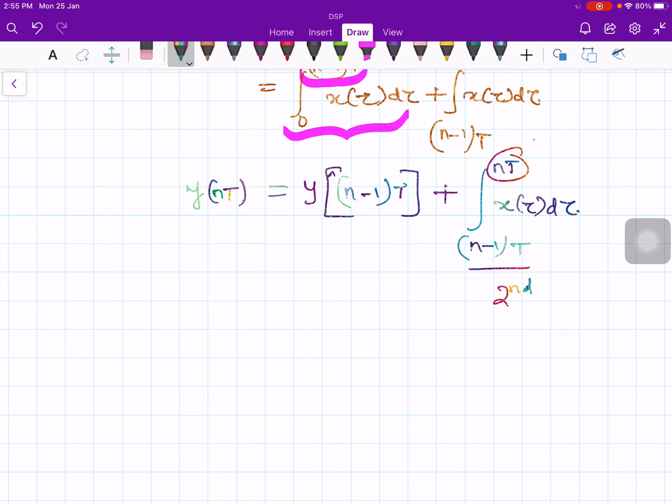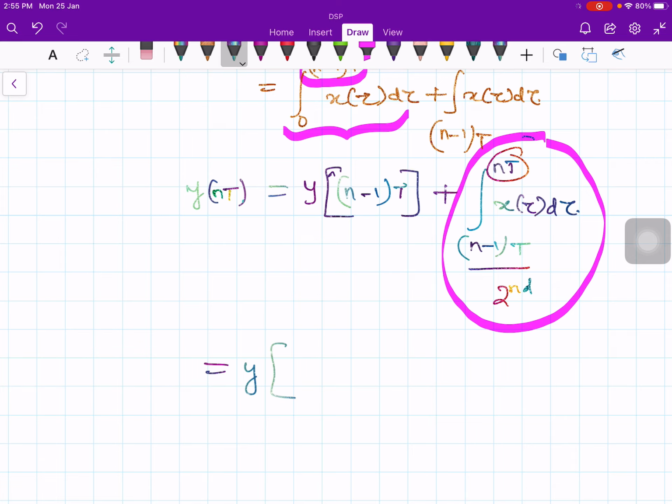Therefore, let us approximate this. Let's take the average value between (n minus 1)T and nT. So that average can be written as follows. You take x of (n minus 1) times capital T plus x of nT, divided by 2.